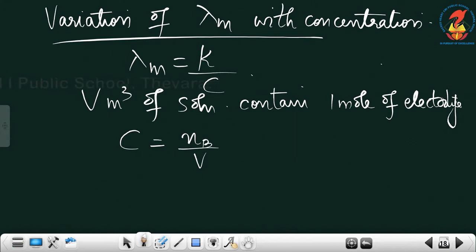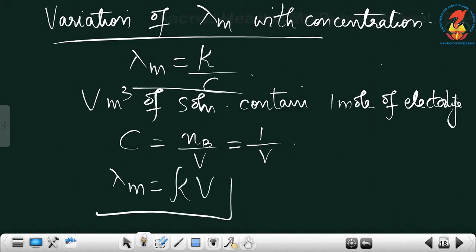Here the number of moles is equal to 1, because this V meter cube of solution contains 1 mole of electrolyte. So C will be equal to 1 by V. Now I am going to substitute 1 by V instead of C in this expression. So lambda m will be equal to kappa into V.